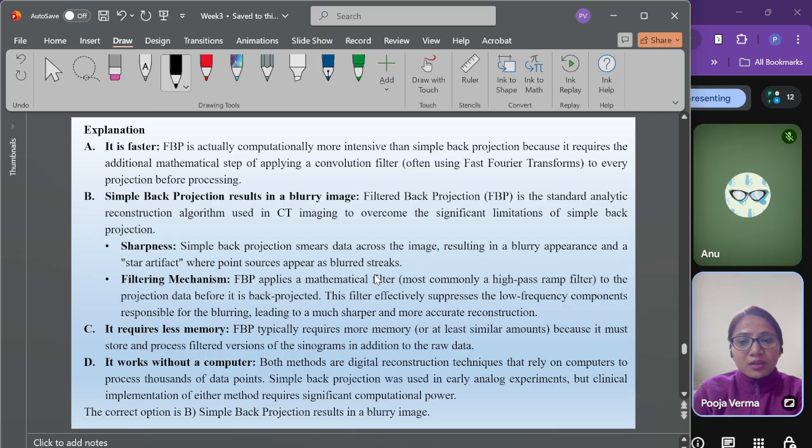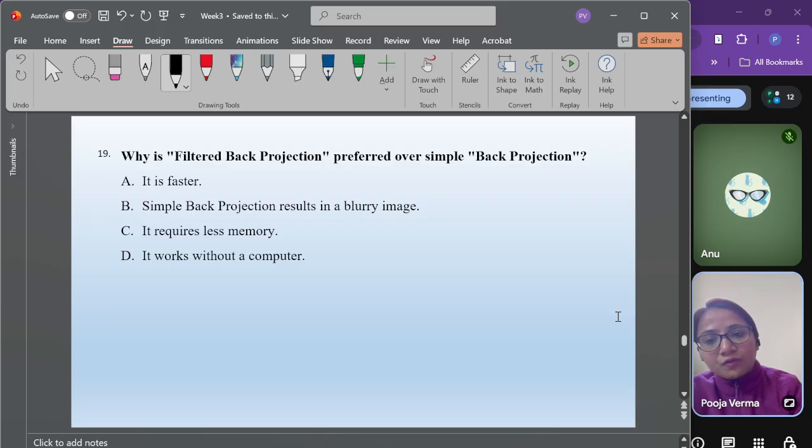Now its filtering mechanism: FBP applies a mathematical filter, commonly the high pass Ram-Lak filter, to the projection data before it is back projected. This filter effectively suppresses the low frequency components responsible for the blur, leading to a much sharper and more accurate reconstruction. So the correct option is option B: simple back projection results in a blurry image. That's why we use filtered back projection over simple back projection.